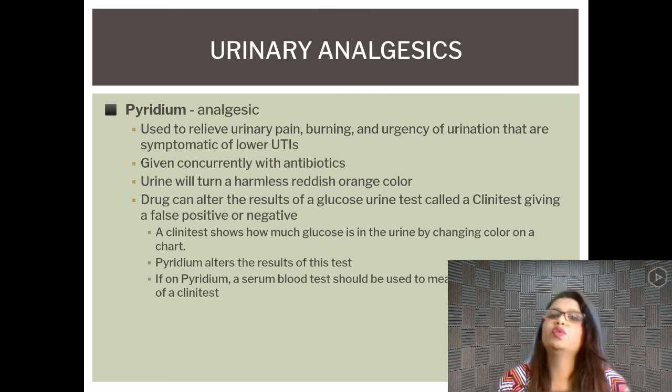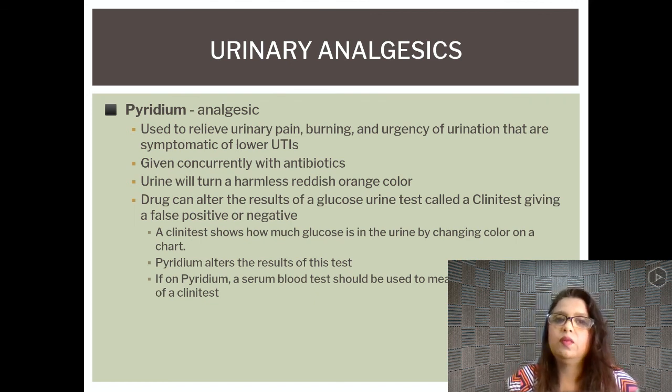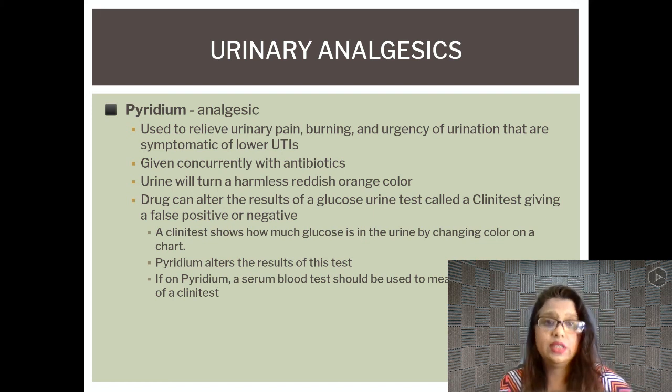Pyridium. Pyridium is a urinary tract analgesic, and it is given to relieve the urinary pain, burning, urgency that are symptomatic of lower urinary tract infections. Given concurrently with antibiotics, urine will turn a harmless reddish orange color. So we want to make sure we inform our patient that if they see an orange reddish color in the urine, it's not blood, it's just because of pyridium.